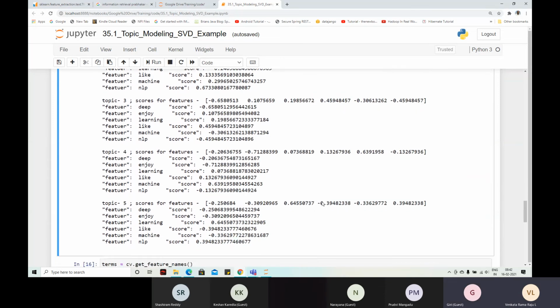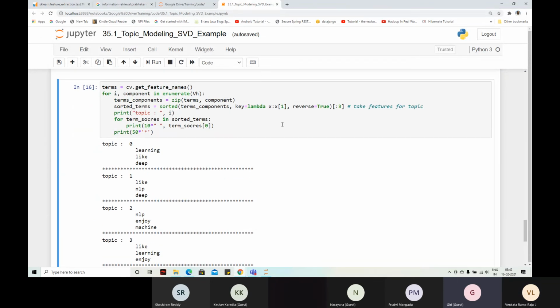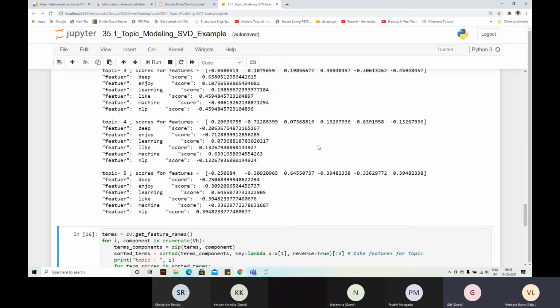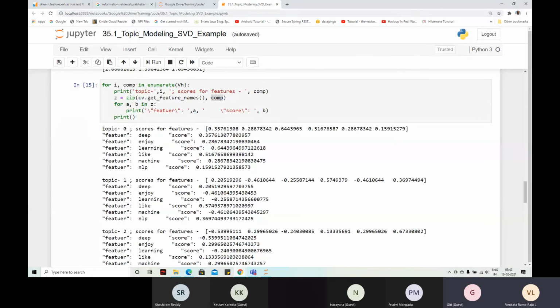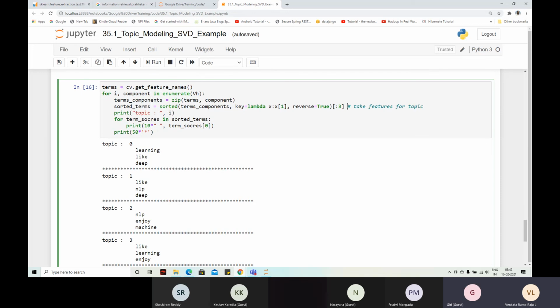Got it? Sir, from these scores, what inference can we take? Is the conclusion about deep learning? There are 6 topics in there. The first topic is about learning, and the next score is like, and the next is maybe deep. I sorted and took only 3: learning, like, deep. The second topic is about like, NLP, deep. The third topic is about NLP, enjoy, and machine. So machine and learning were taken as separate words.